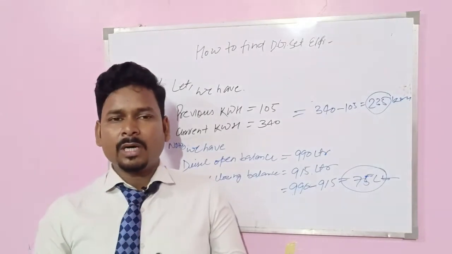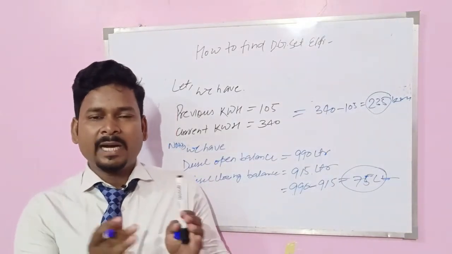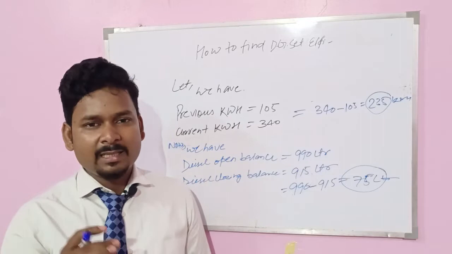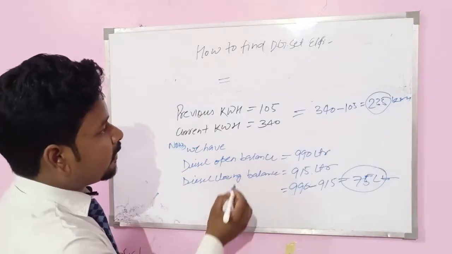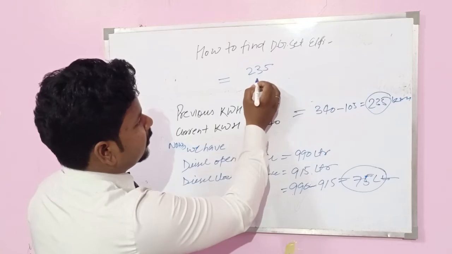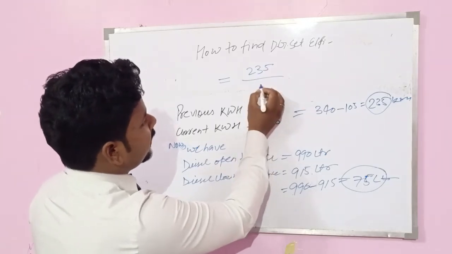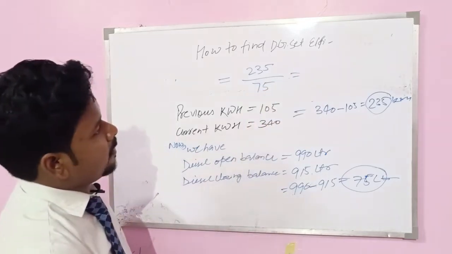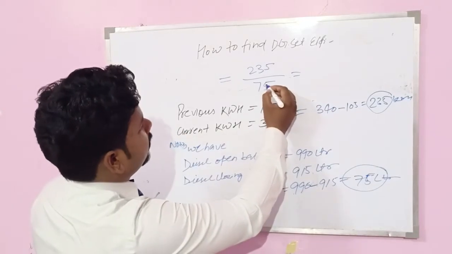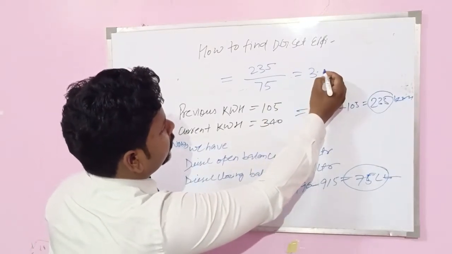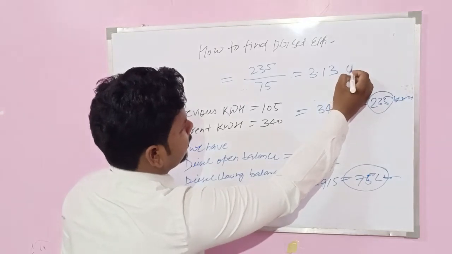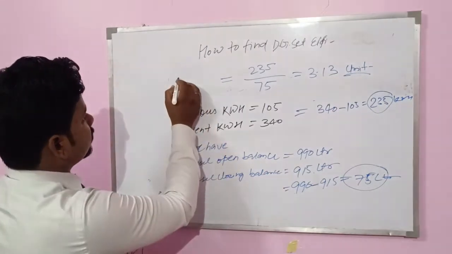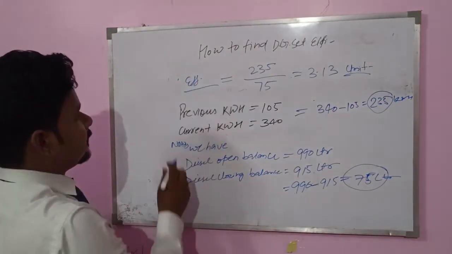So you know what the formula is to find the DG efficiency. There is no rocket science. The formula is very simple. Just divide total units by total diesel consumption, then you get the unit per liter efficiency.